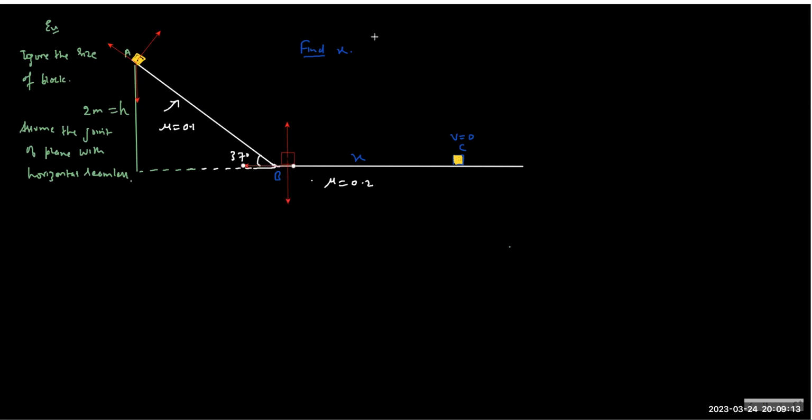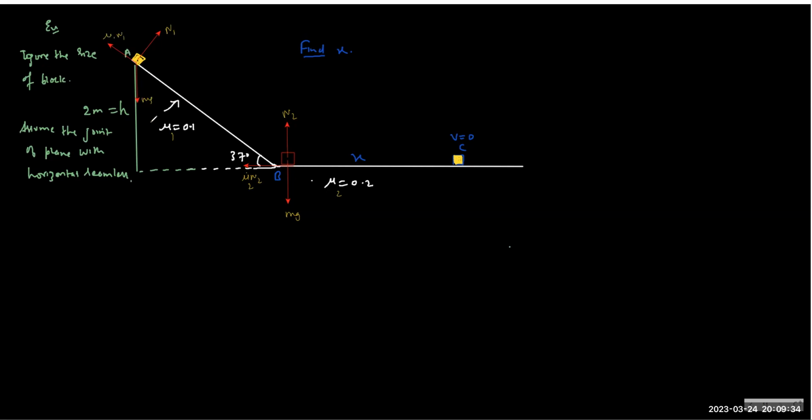So we should write the equation for two parts separately. And here it will be mu2 N2, and this part will be mu1 N1, mg.